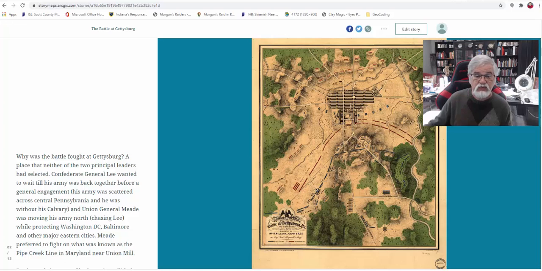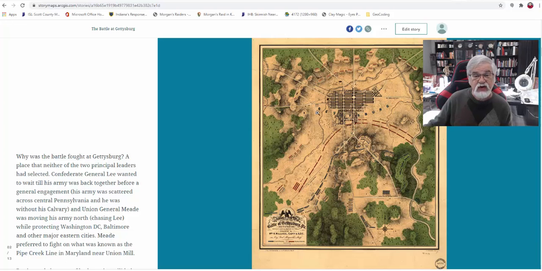The Union line was much more compact because it was the inner line, so it was much easier to move men from one side of the battlefield to another, which did play a role in the second day. And the Confederate lines were then much longer because they were surrounding those lines of the Union Army.